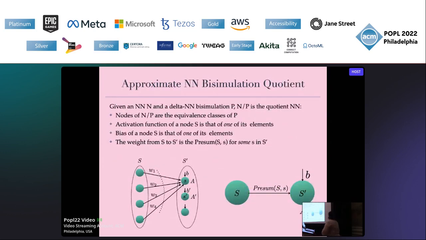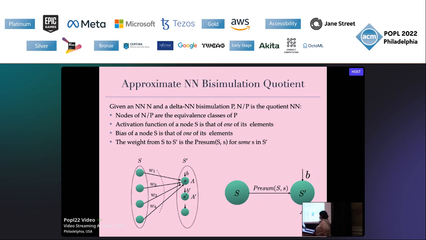All right, so we can again do a quotient with respect to an approximate NN bisimulation. And the quotienting here is not unique. So broadly, the quotienting is the same as before. You take the equivalence classes as the abstract nodes, and the activation functions of all the elements of a group are the same, so there is no doubt there.